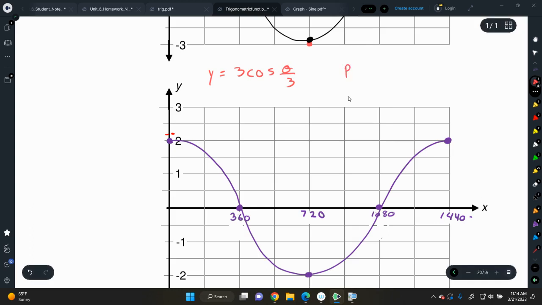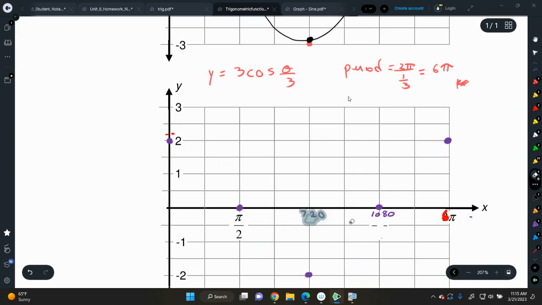So our period is 2 pi over 1/3, or 6 pi. And this is in radians, right? Okay. 6 pi. So we'll just make this 6.